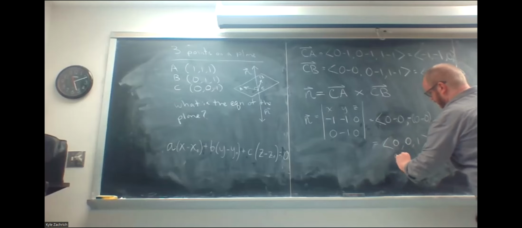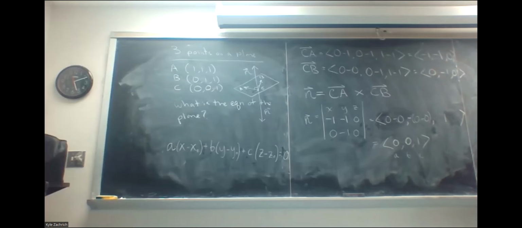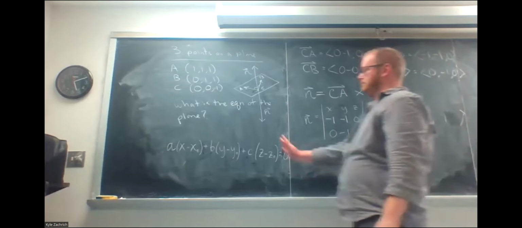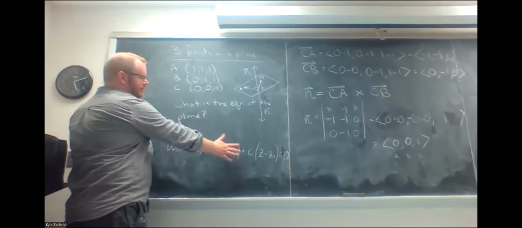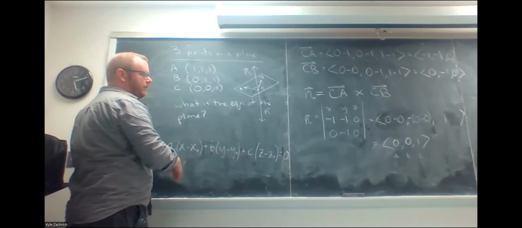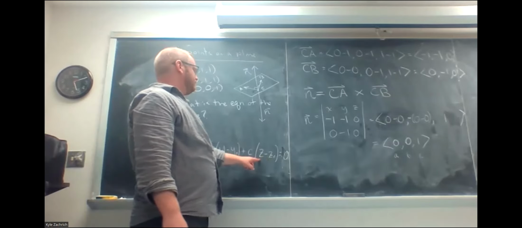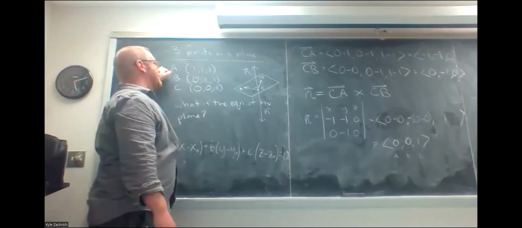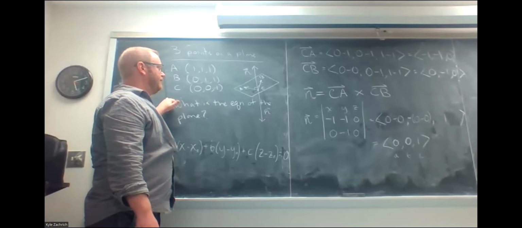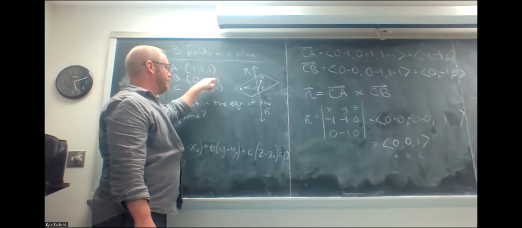This is your A, B, and C. So this whole stretch of the equation is just going to be 0, since A and B are equal to 0. C is going to be 1. Z minus, pick any of these points, right? The Z naught for all of them is going to be 1.